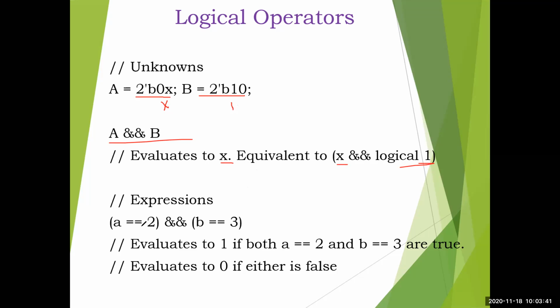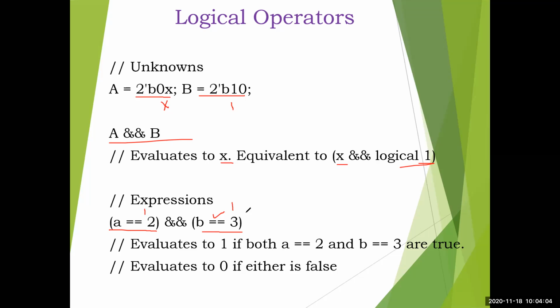Expressions. It can be used as variables as well as expressions, I told you. So a equal to 2, b equal to 3. That means we are checking this. This comes under equality operators, we'll see next. So we are checking this equality: a we have declared, is it equal to 2? If it is true, then it is 1. b equal to 3, if it is true, it is 1.